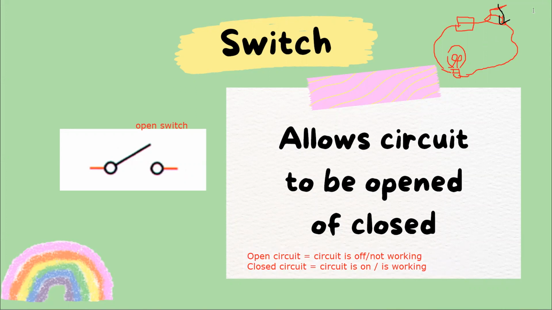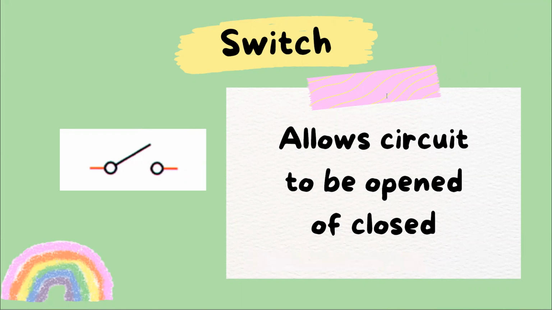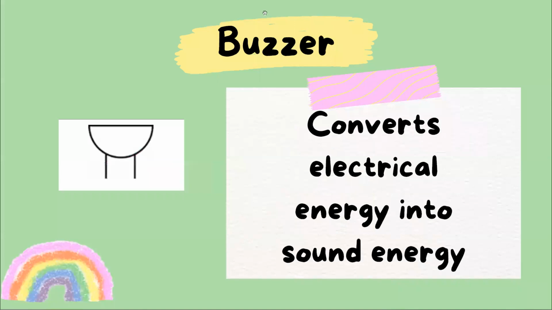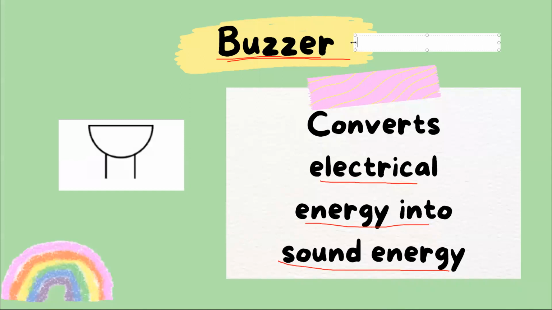Are you ready to go on to the next part? Okay, let's go. Oh, I forgot. We have one more component. The component is the buzzer. The buzzer converts electrical energy into sound energy. You'll be wondering, teacher, what is a buzzer?